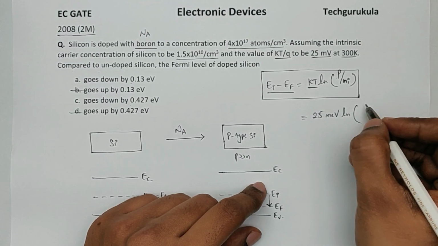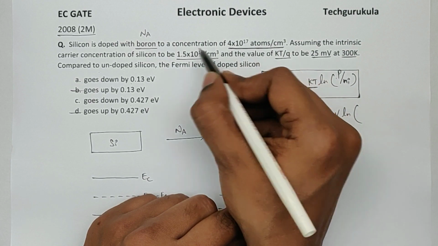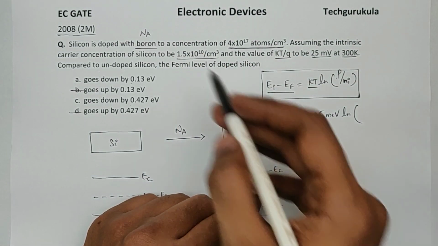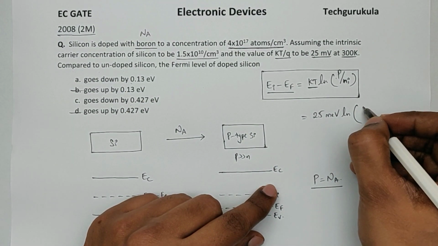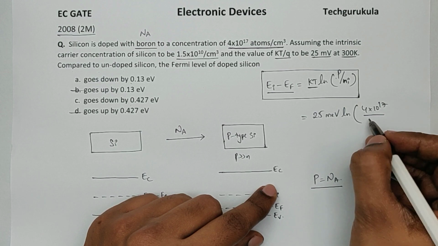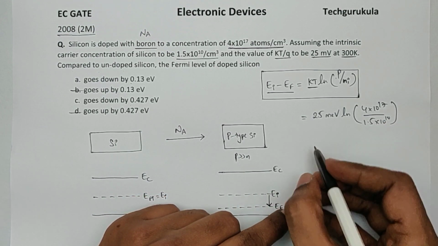And ln of p is nothing but Na, because it is the majority carrier concentration in p-type semiconductor. So this is 4 times 10 power 17 per centimeter cube, and ni is 1.5 times 10 power 10 per centimeter cube.